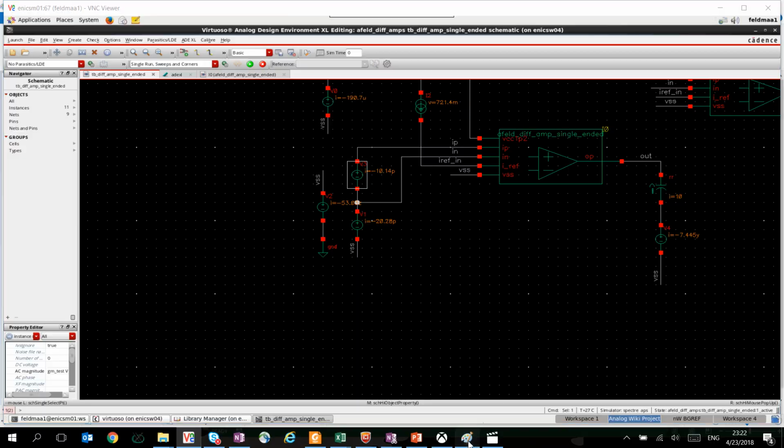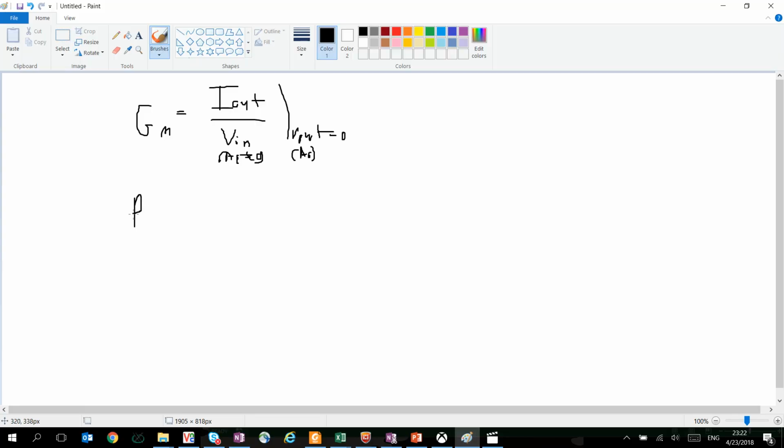On the other hand, I will want to measure the R out of the circuit, and we know that R out is going to be 1 over I out over V out, where here V in is going to be 0.